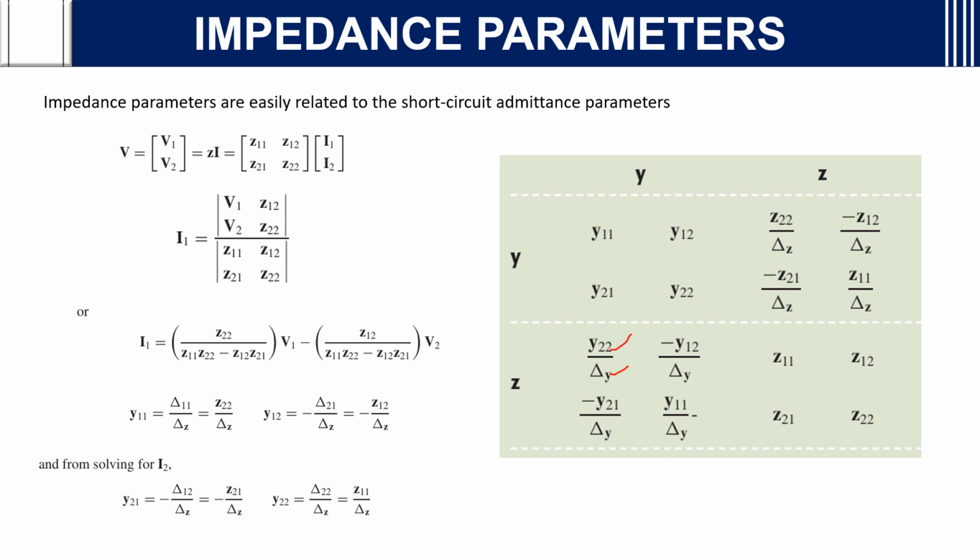Y22 by delta Y, minus Y12 by delta Y, minus Y21 by delta Y, Y11 by delta Y. If you compare these two, they are same. If you have Y parameters, then you can use this for finding Z parameters. If you have already Z parameters with you, then you can use these equations to find Y parameters. That's it.